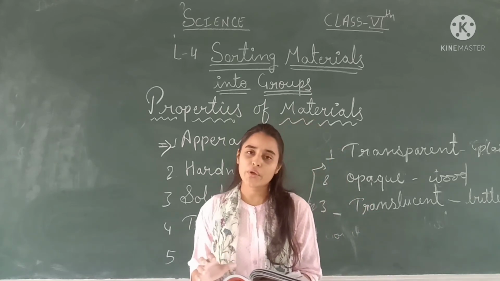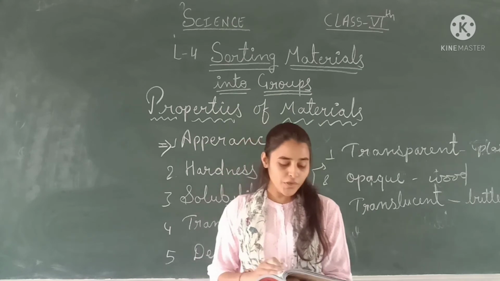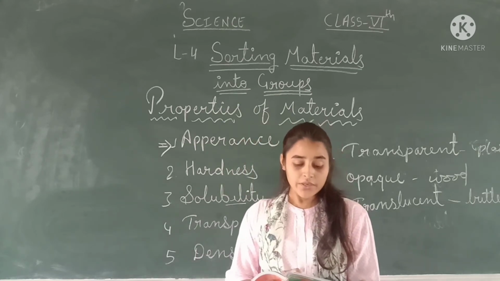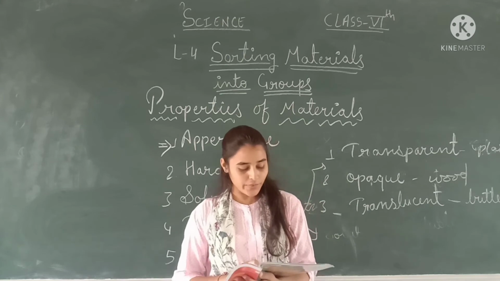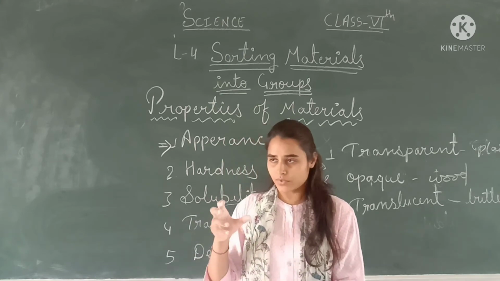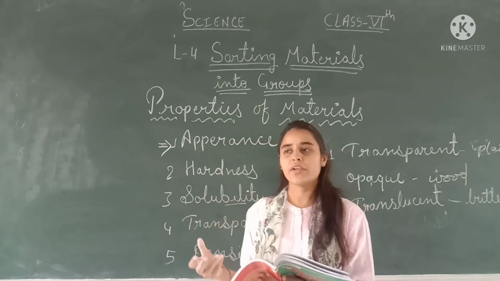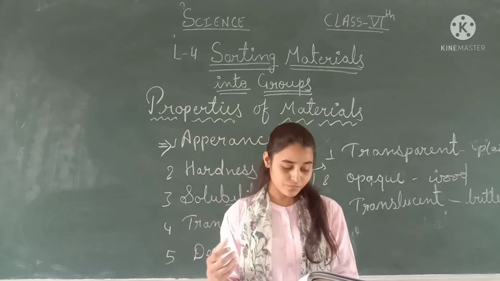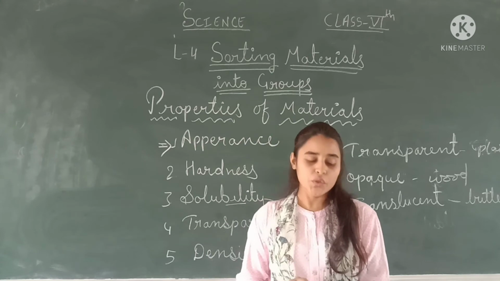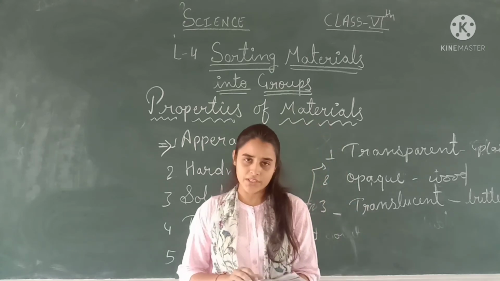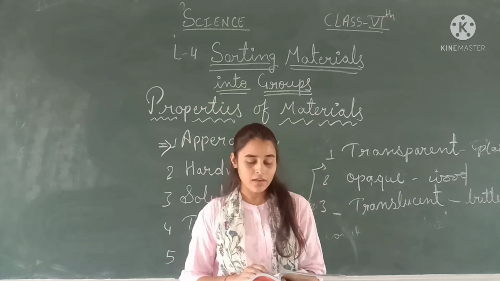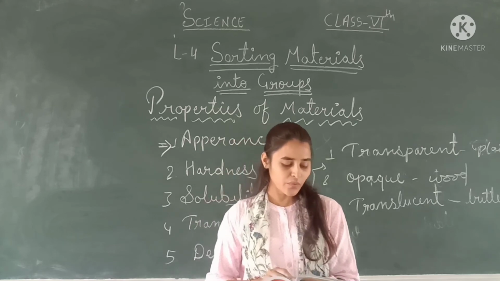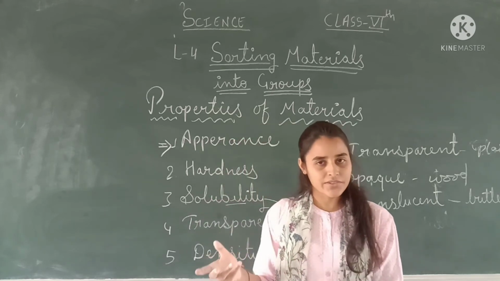Next, properties of common materials. We use different materials for making different things or objects, keeping in mind their properties. We use wood for making furniture because it is hard, and similarly we use glass for making window panes, as glass is transparent.